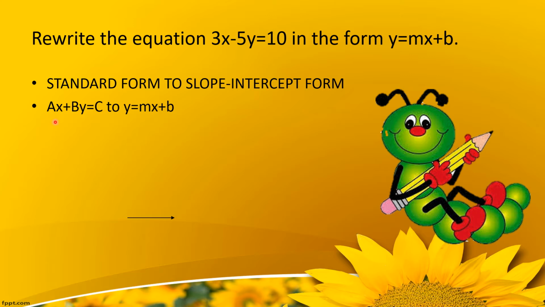So atong lantawon, here, sa standard form, ang left side sa atong equation, naa siya'y x og y. Then, ang iyang right side is ang c. Here, sa slope-intercept form, ang iyang left side, naa si y. It is only y. And then, ang iyang right side, we have here mx plus b.